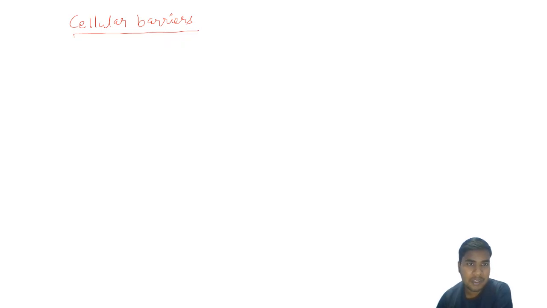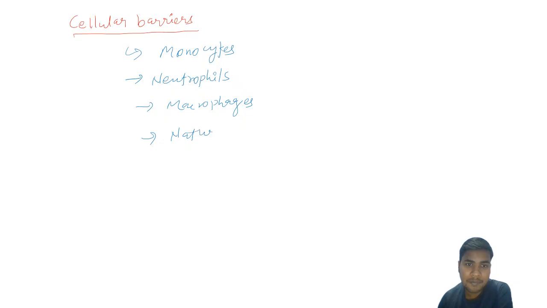So these cells are monocytes, neutrophils, macrophages, natural killer or NK cells.